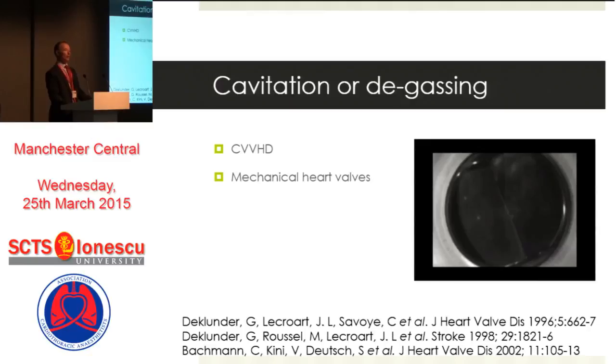It's also what we see with patients on long-term dialysis, cavitation of bubbles in the dialysis circuit, and people have said that this is why patients on long-term dialysis have pulmonary hypertension and perhaps explains cerebral atrophy in these patients.